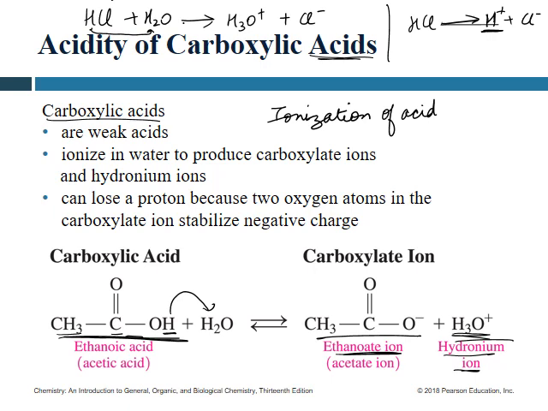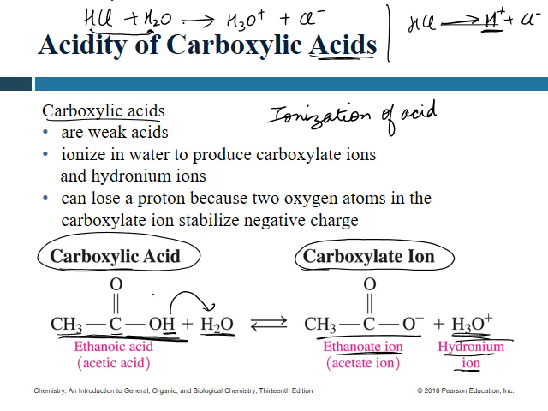This reaction is called ionization of carboxylic acid. Here, the carboxylic acid is reacting with water and it will donate this proton to water and turn into a carboxylate ion. So the name of the acid is carboxylic acid. The name of the ion is called carboxylate ion.